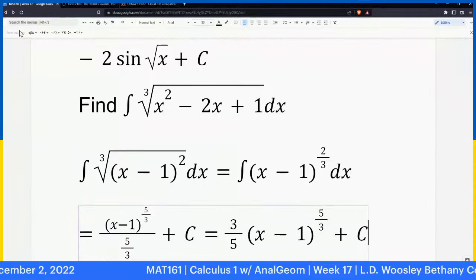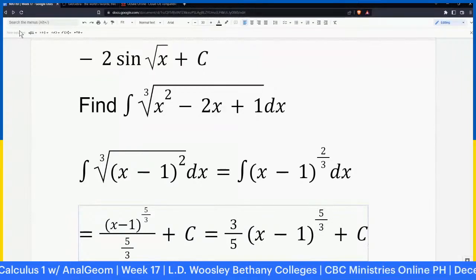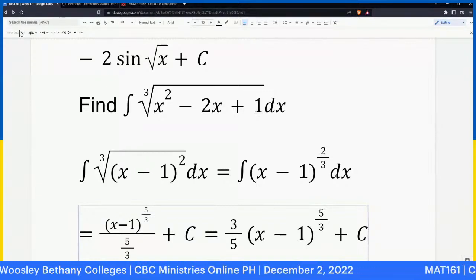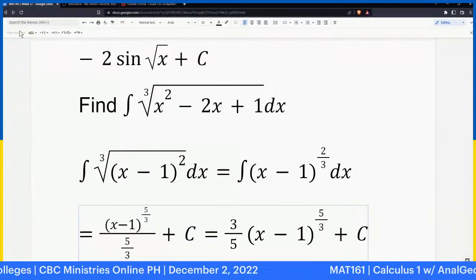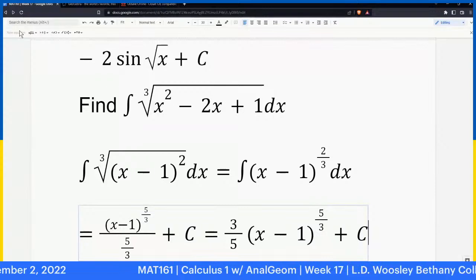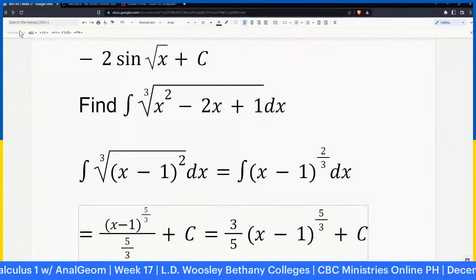Alright? Okay, guys. Actually, pwede mo rin siyang isulat as the fifth root of x minus 1 raised to 5. Okay din naman yun. Pero ako, okay na ako sa ganyan. Okay guys, so far, dito na muna tayo.